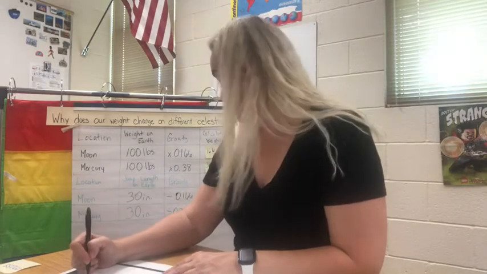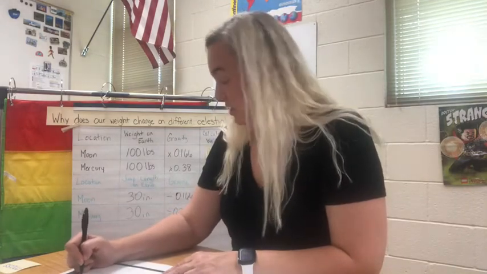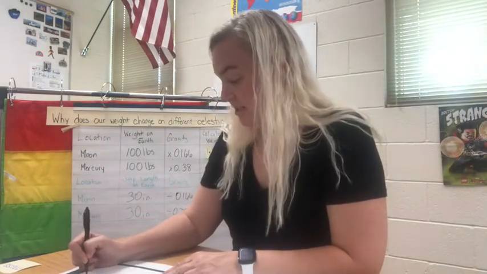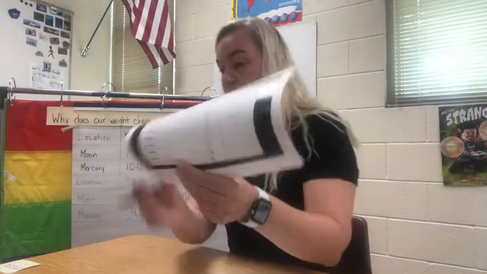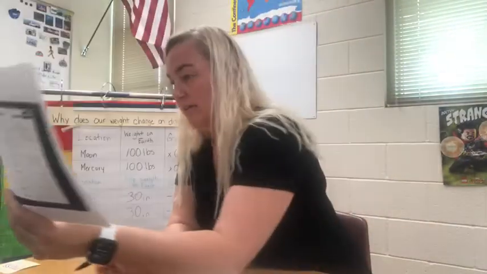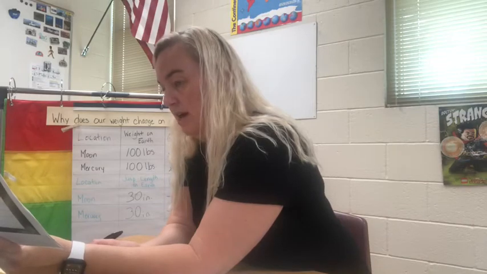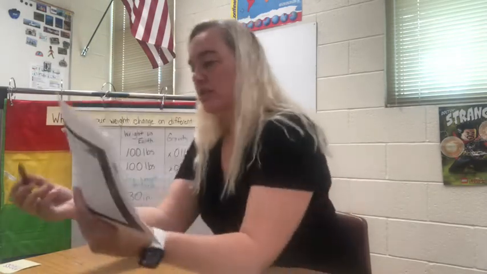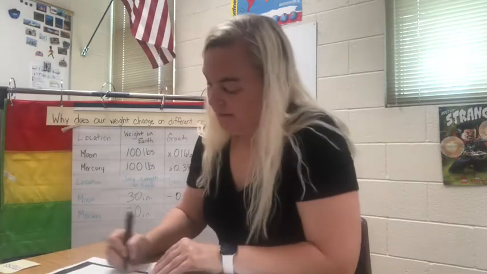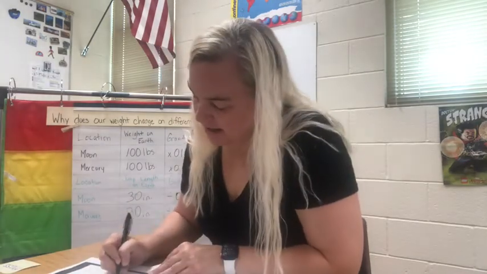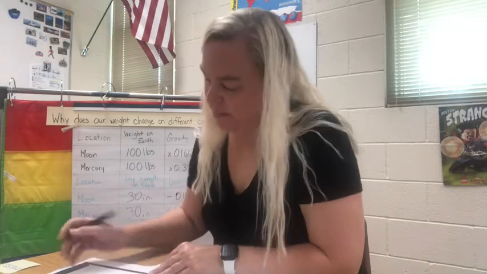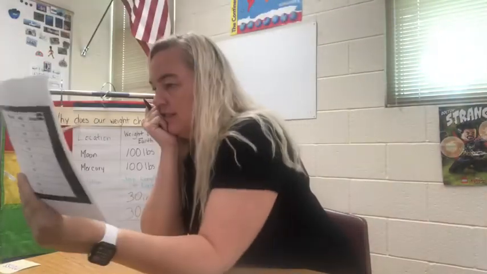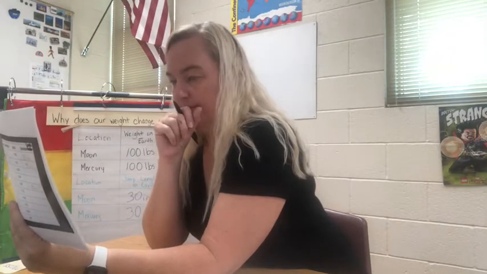So we went from 181 inches, 79 inches, 13 inches. I'm looking at my chart right now as I'm filling it out. What connection, what correlation do you see between the gravitational pull and the length of the jumps?